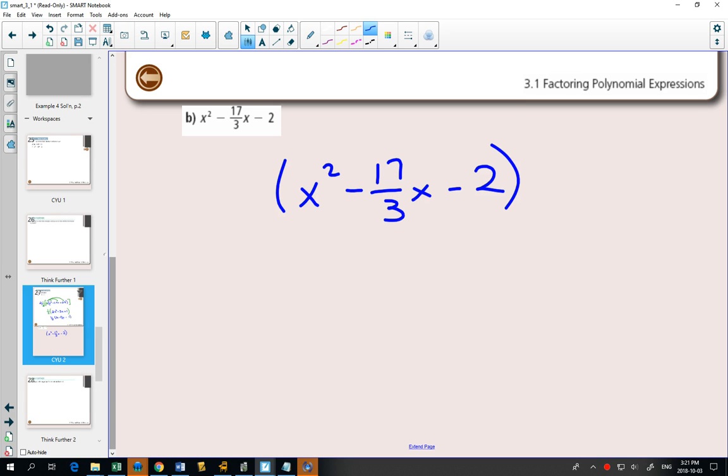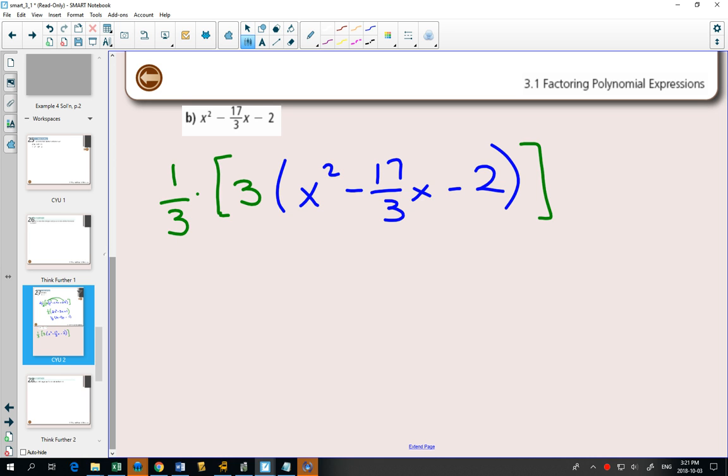This is on page 172. I'd have to multiply by 3. But if I multiply by 3, that changes what this is equal to, so I'm also going to multiply by 1/3.